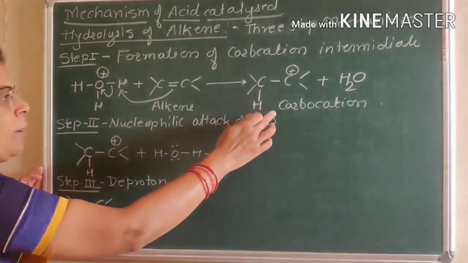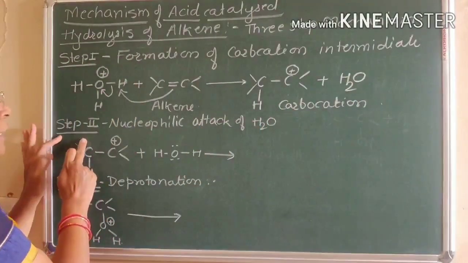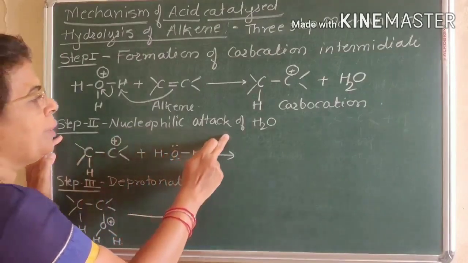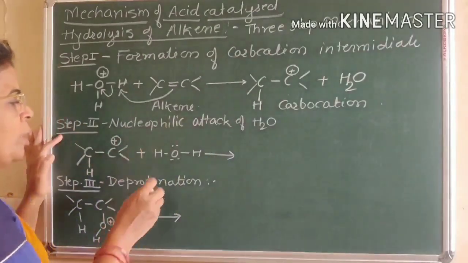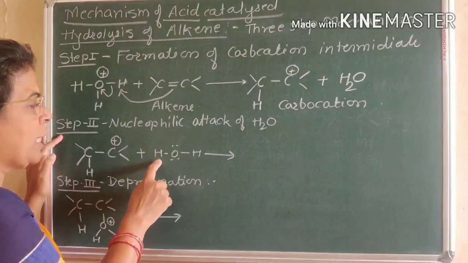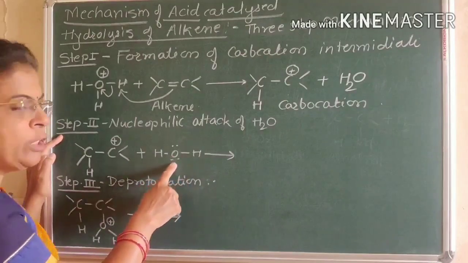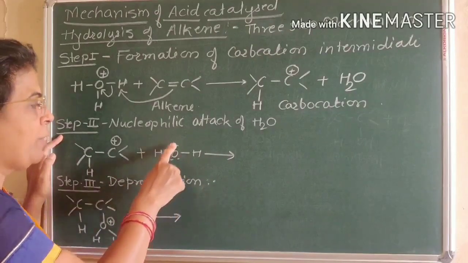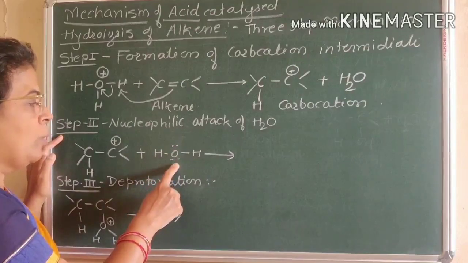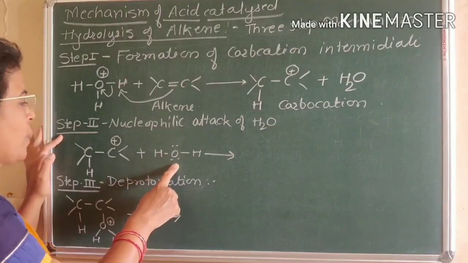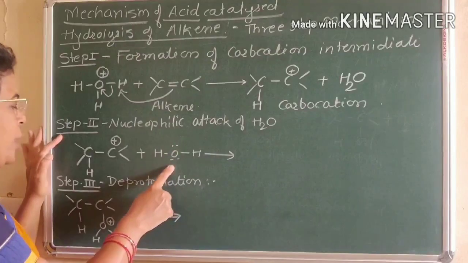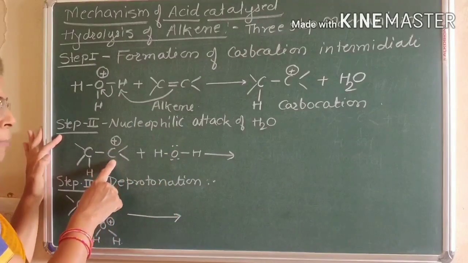Now this carbocation in the second step undergoes nucleophilic attack of H2O. This H2O, that is HOH, has an electron-rich oxygen with two lone pairs of electrons. Therefore it acts as a nucleophile, and this is the carbocation.